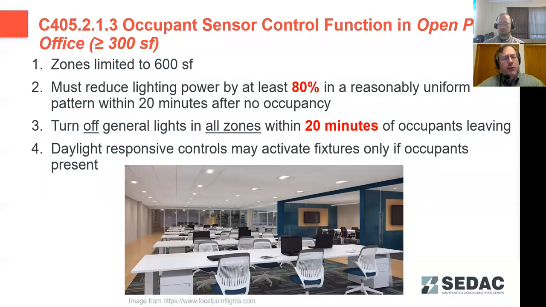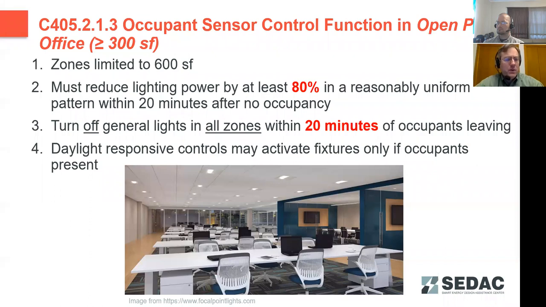For this, zones cannot be larger than 600 square feet. As far as your lighting fixture zones, understanding that your occupant sensing device may extend a little bit beyond that 600 square feet, your fixture zones should be limited to 600 square feet.